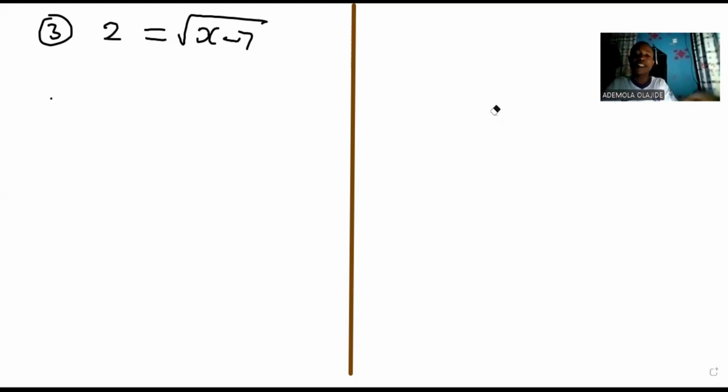But in this case is different. It is the square root we want to remove first. And since you know that removing square root will become what? Square. You now say square both sides. Since you know it will become square, just say square both sides.